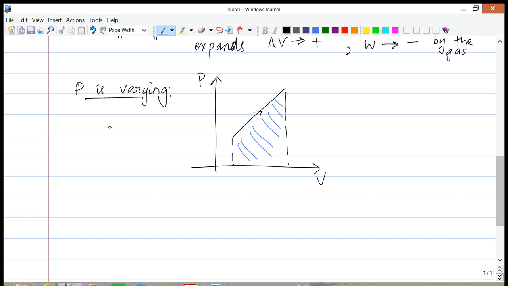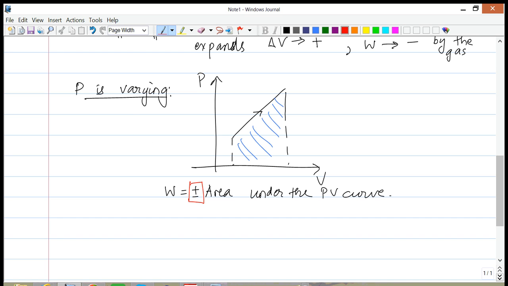So for these cases the work done will be equal to plus or minus the area under the PV curve.